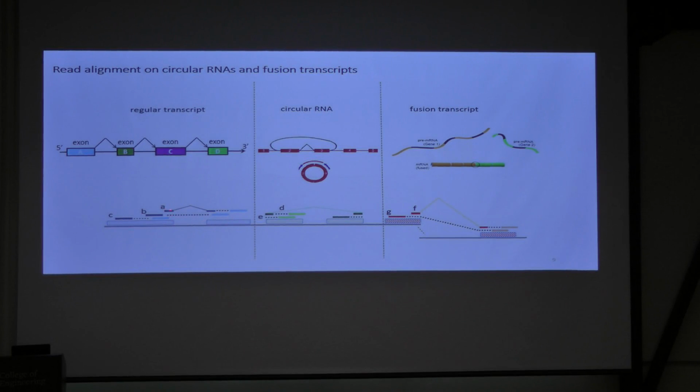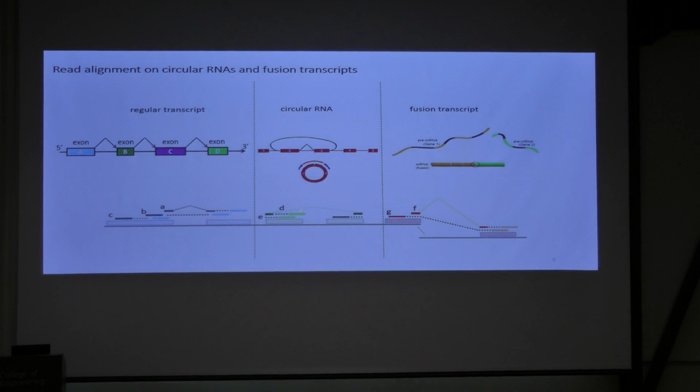That is, the upstream part of a read sequence will be mapped ahead of its downstream part, just like these three reads. But in a circular RNA, the end of a downstream exon is connected to the start of an upstream exon, so it creates a circular RNA.